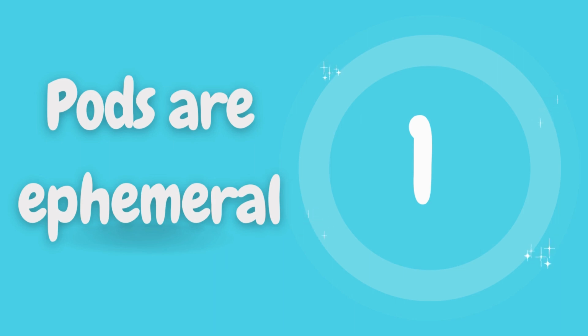This is because pods are designed to be disposable units of computation, and Kubernetes manages the state of the application at a higher level using replica sets, replication controllers, and other high-level constructs. So this is why we call pods ephemeral.